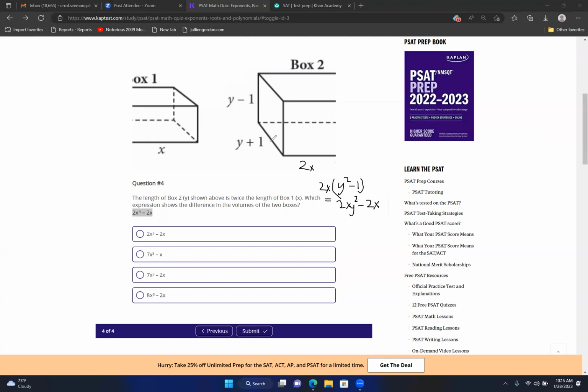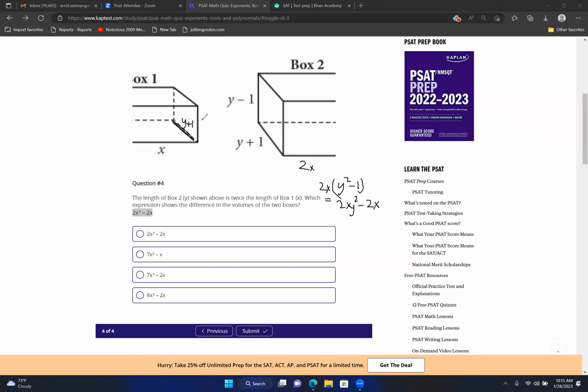What's the volume of box 1? So I think they're saying that this length right here is the same as this. So this is y plus 1. And then this part right here is also y.